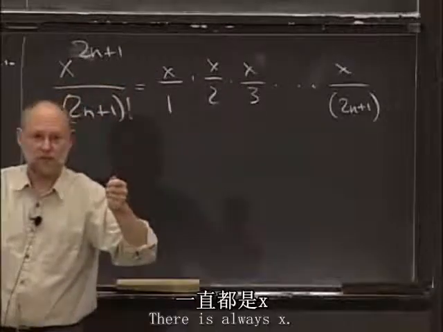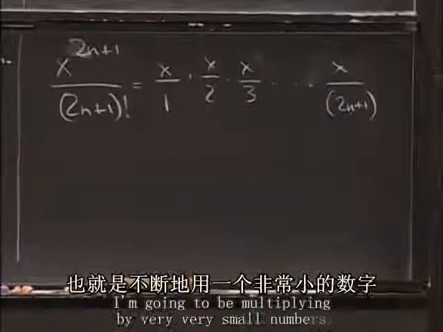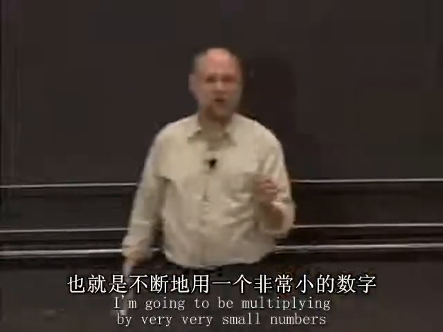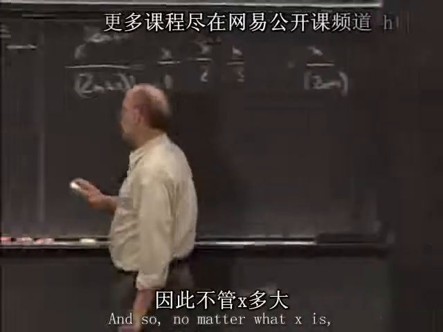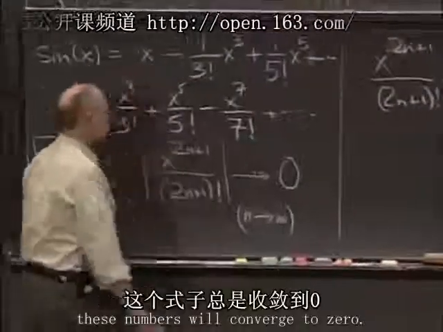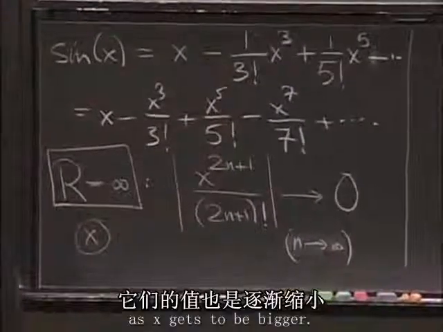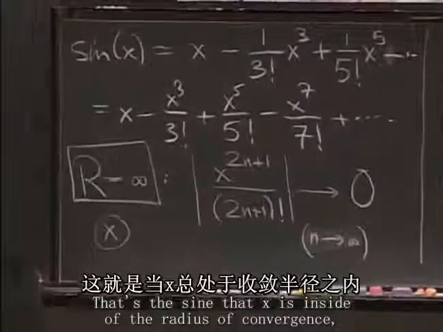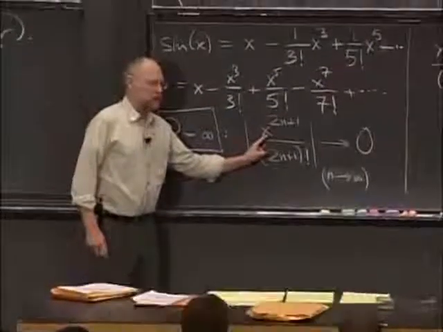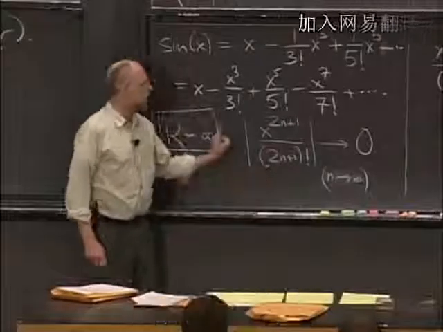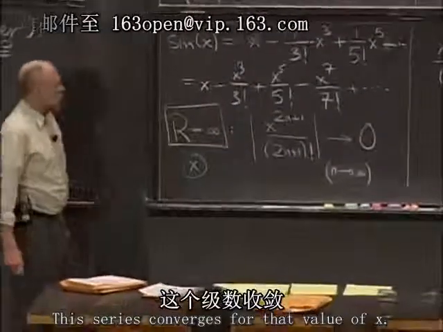They're always x. So when I take the product, if I go far enough out, I'm going to be multiplying by very, very small numbers, more and more of them. And so no matter what x is, these numbers will converge to 0. That's the sign that x is inside of the radius of convergence. This is the sign for you that this series converges for that value of x.